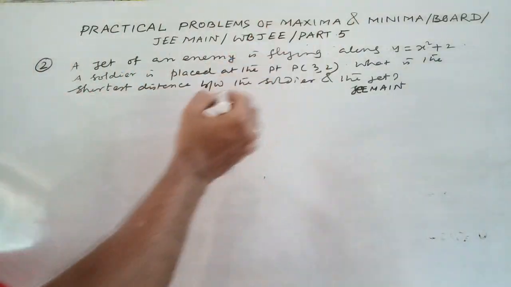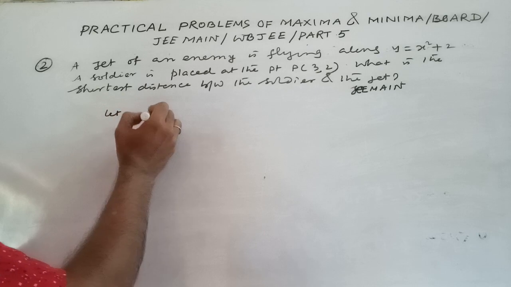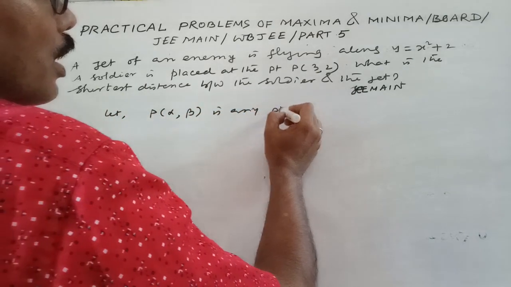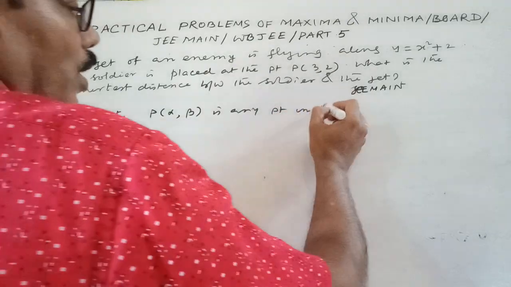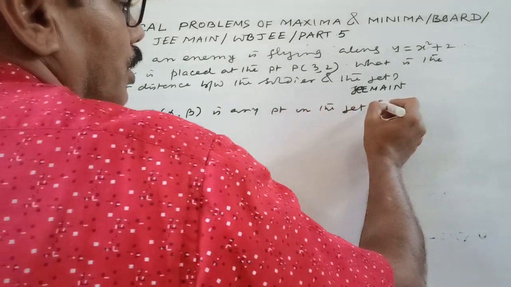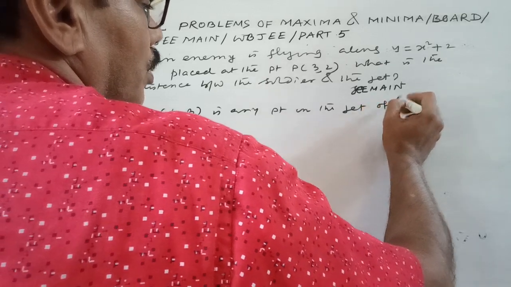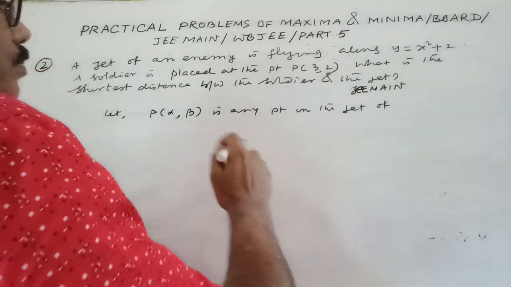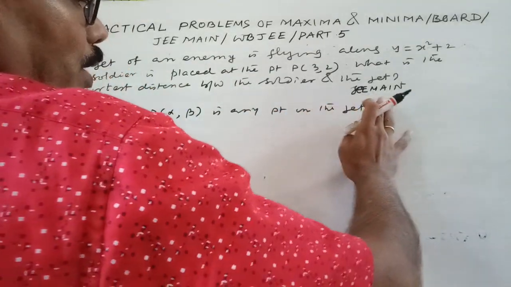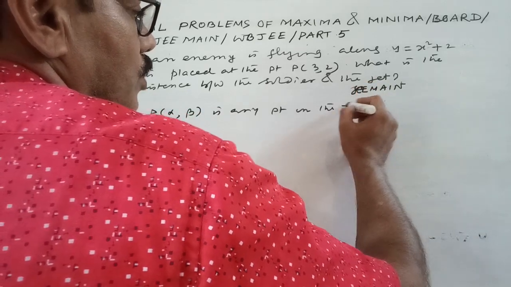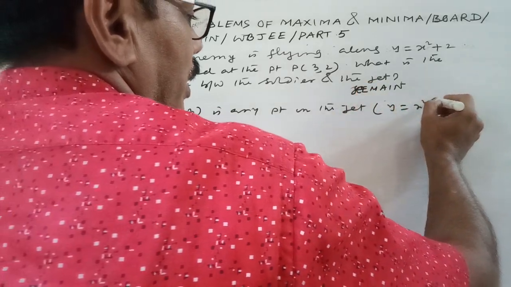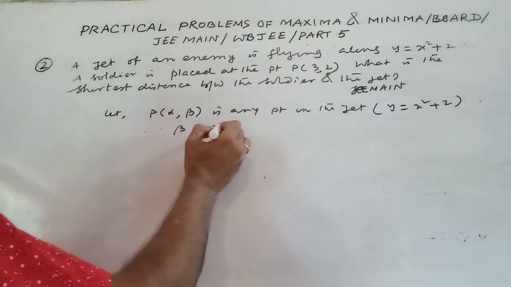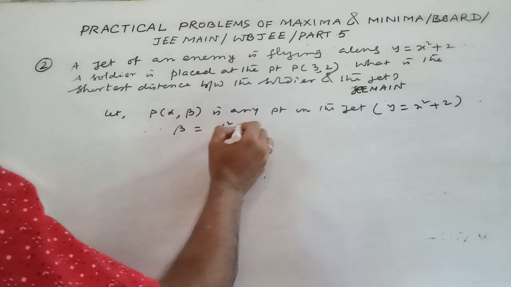So exactly the same. Let P(alpha, beta) be any point on the curve. The equation is y equals x square plus 2. Therefore, beta equals alpha square plus 2.